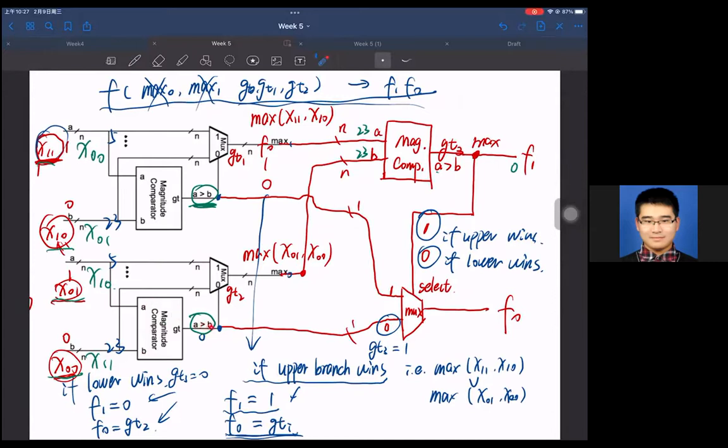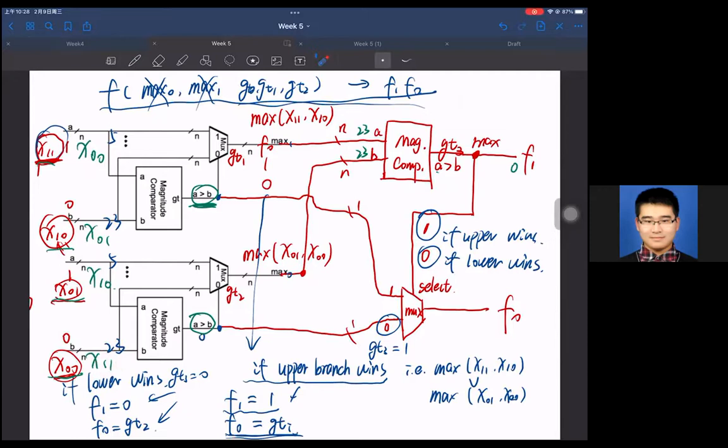If A is greater than B, then the output will be 1, so we are selecting A. Otherwise, we are selecting B. So what this circuit does is just output the maximum number of A and B. Similarly, this one outputs the max number of these two. Again, because of the order I'm numbering it, if we have a tie, then the lower branch always wins. That's why we put the higher index down below.